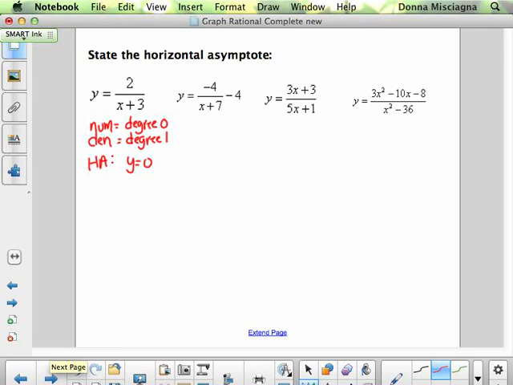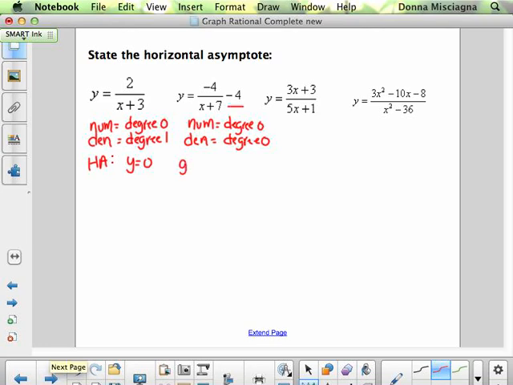In the second one, the numerator is degree 0, and the denominator is degree 1. So the horizontal asymptote would have been y equals 0, except the graph has been shifted down 4. All right, see that minus 4 at the end?